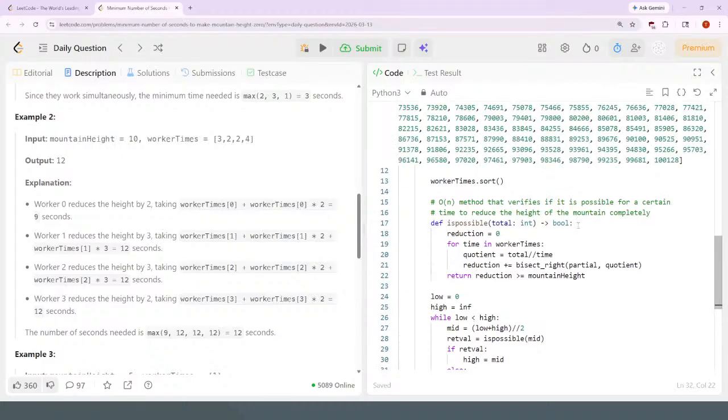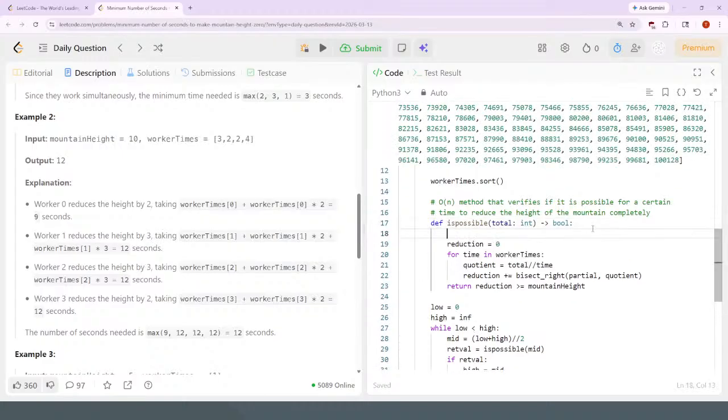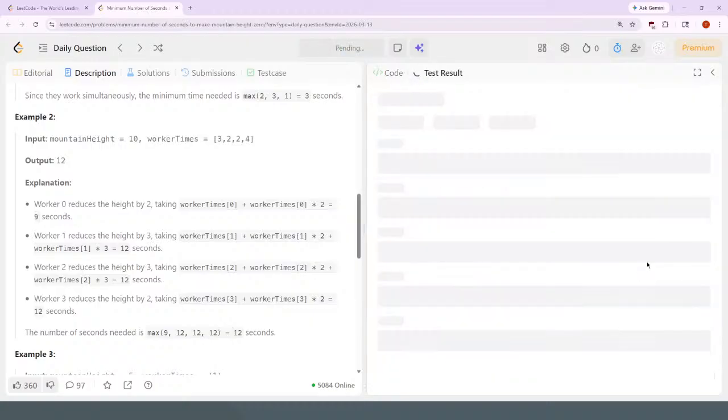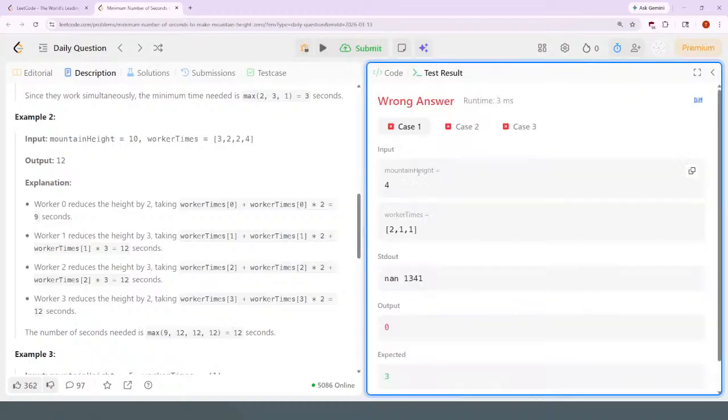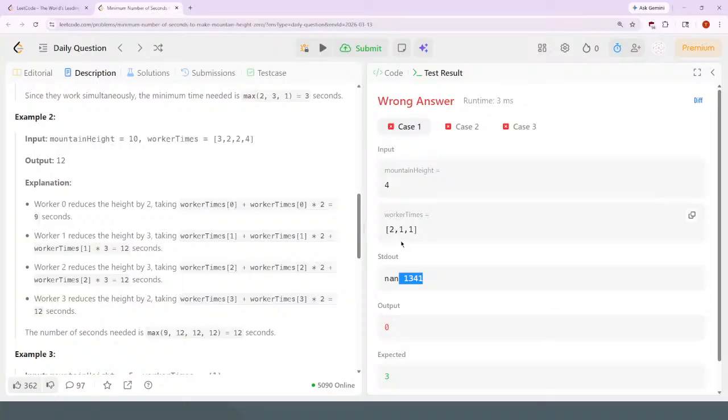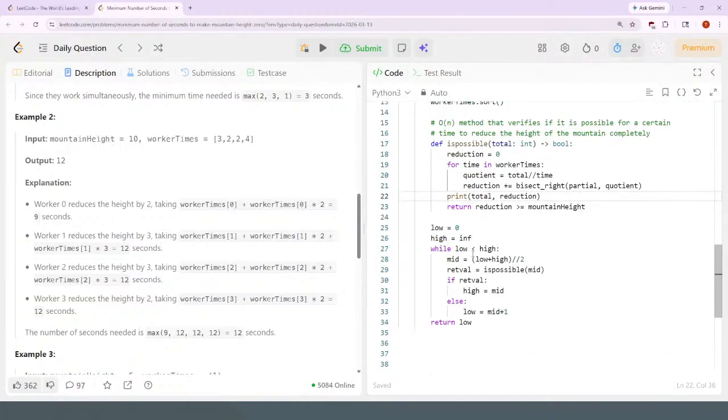Okay, I guess I need to go ahead and just print out the value. Not a number.